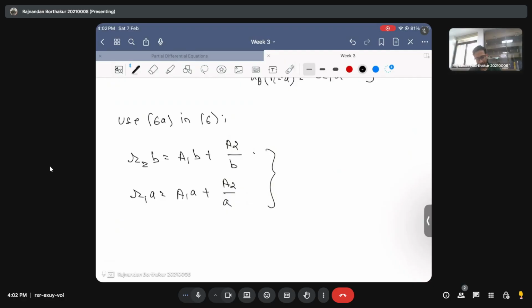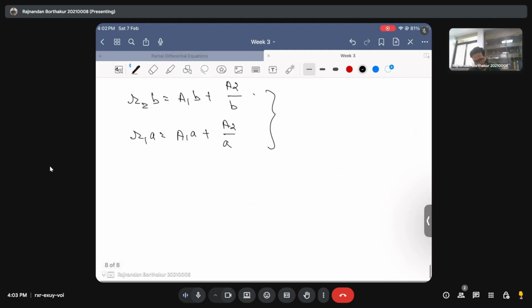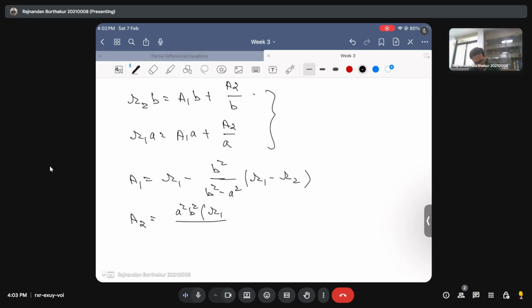So I'll just write down the final forms of the unknowns a1 and a2. You will see that your a1 comes out to be equal to omega 1 minus b squared by b squared minus a squared times omega 1 minus omega 2, and a2 is equal to a squared b squared times omega 1 minus omega 2 by b squared minus a squared.